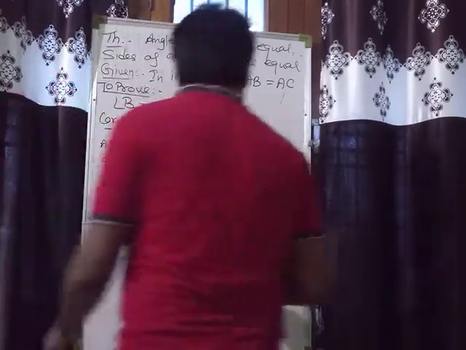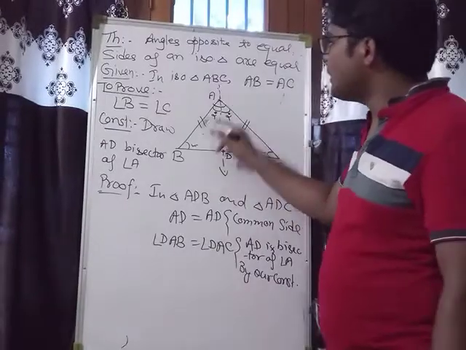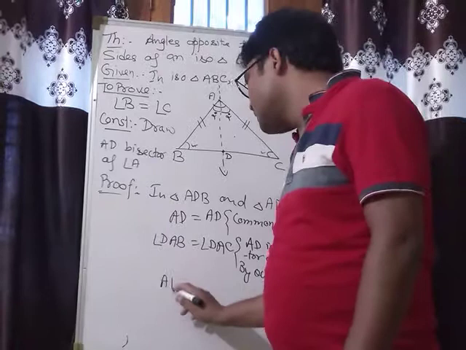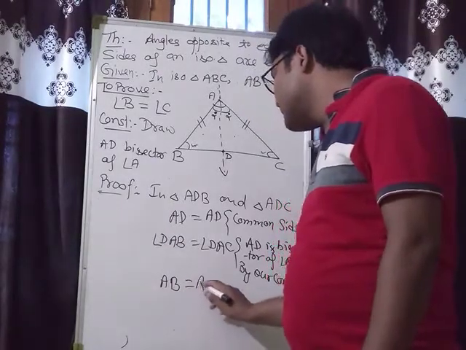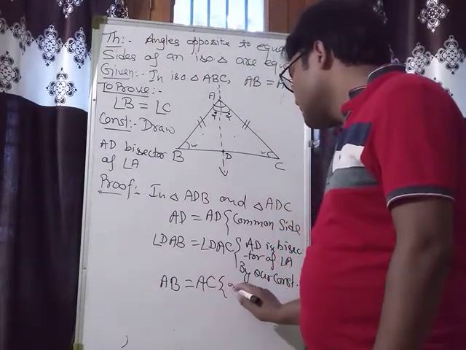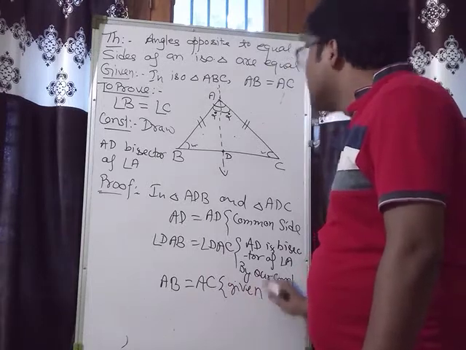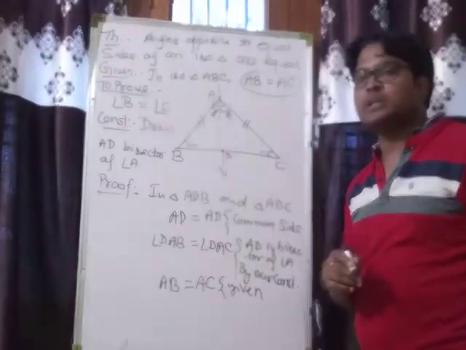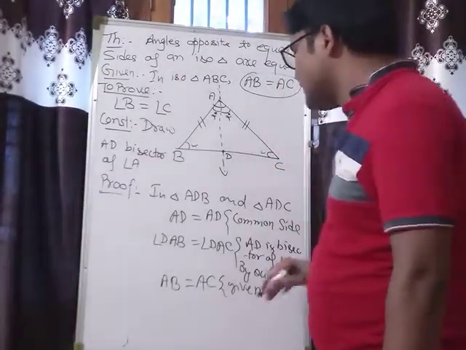Got it? Now AB equal to AC, it is given in the question, because the given triangle is an isosceles triangle in which AB and AC, the two sides, are equal.